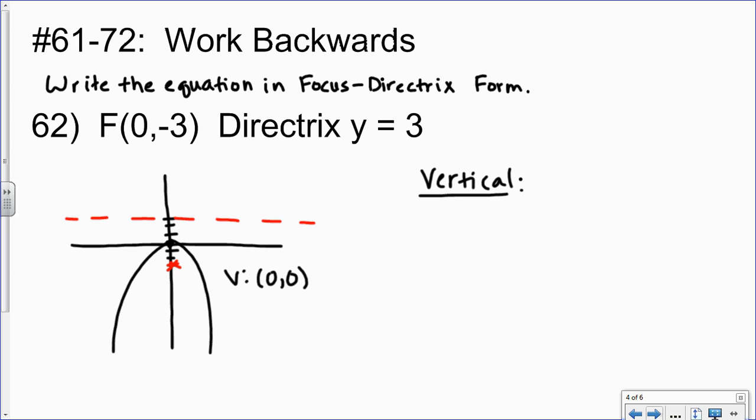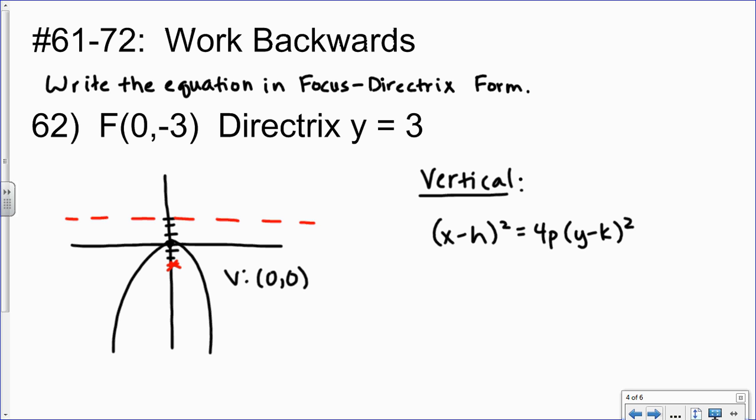But it'll just be easier to know what the shifted form is. So the vertical equation, that means I need an x squared. So x minus h squared equals 4p times y minus k.